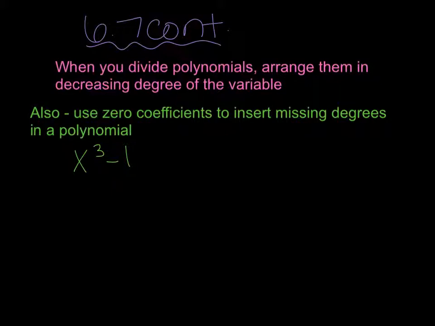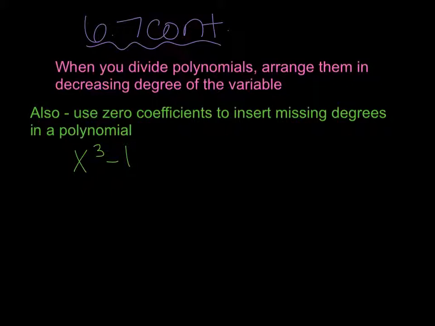What we have to have is, if I see an x cubed, I have got to be able to see an x squared and an x and then a constant. If I don't, I've got to use a zero coefficient as a placeholder for my x squared term, and a zero coefficient as a placeholder for just my x term. So if you have an x cubed, you know you're going to need an x squared and an x.